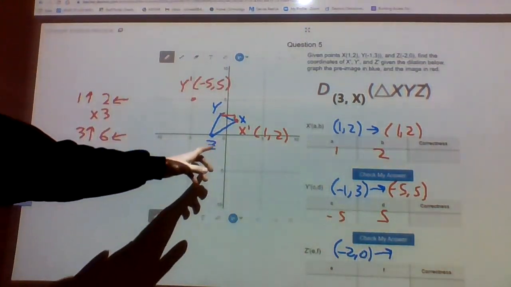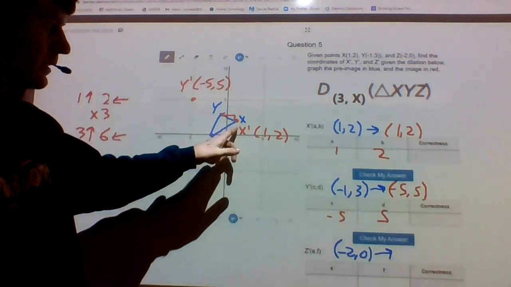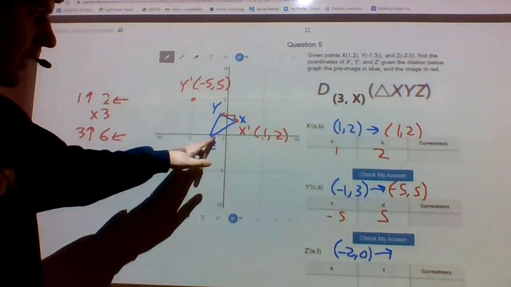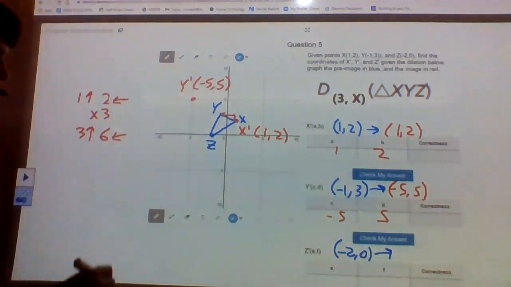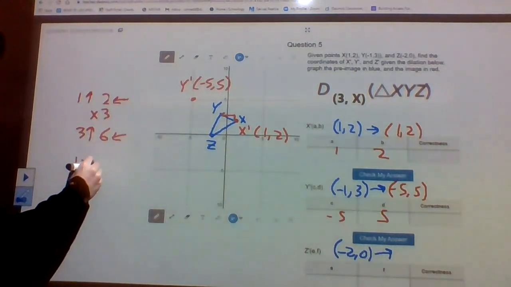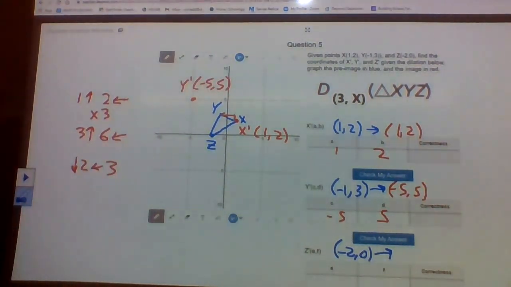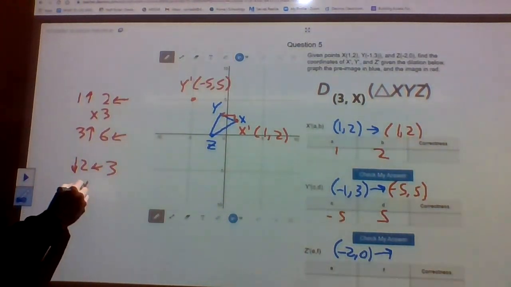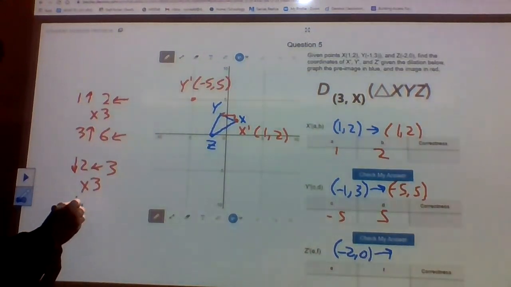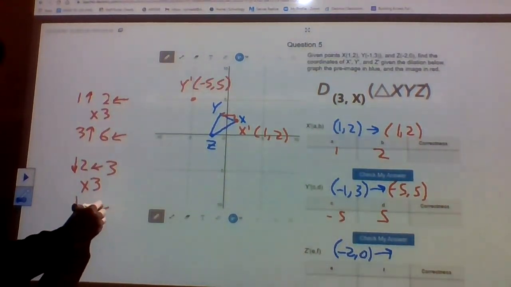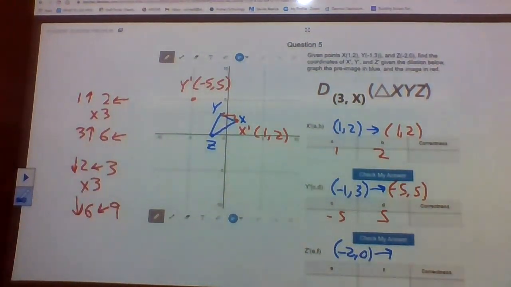All right, and then z. So z is down 2, left 3. So we got to triple it. So we want to multiply by 3. So we're going to need to go down 6 and left 9 from the center of dilation.